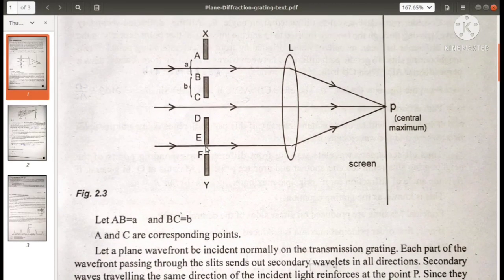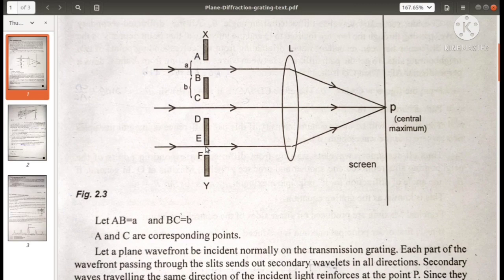Now what we are observing is the rays coming parallel, in the same direction, from these slits. That is, a plane wavefront is incident on these slits. From this plane wavefront, secondary waves are produced, and they can travel through the slit along any direction.